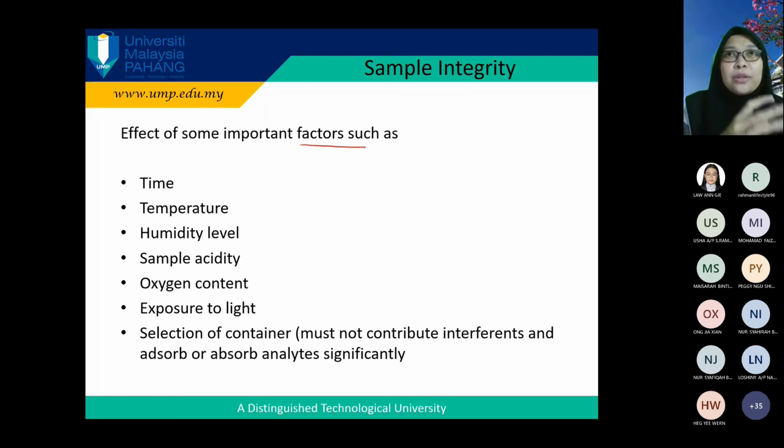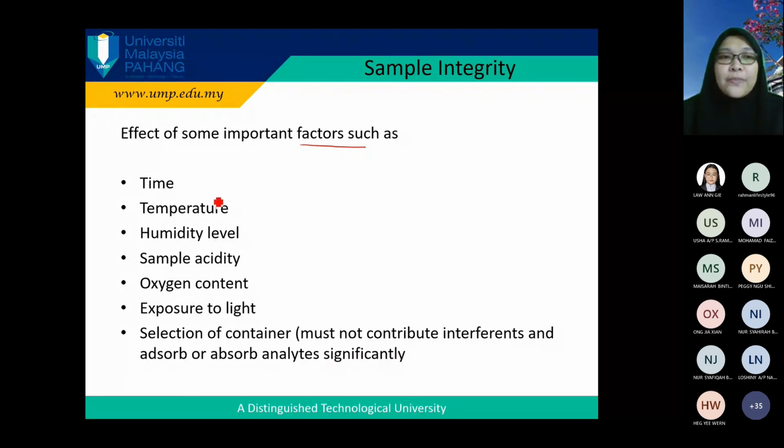When you transport the sample from on-site to the lab, it takes time, right? So you need to know whether your sample integrity or your sample concentration will degrade or not during the transportation, because it requires time. And you need to also consider the temperature. High temperature might degrade your sample.